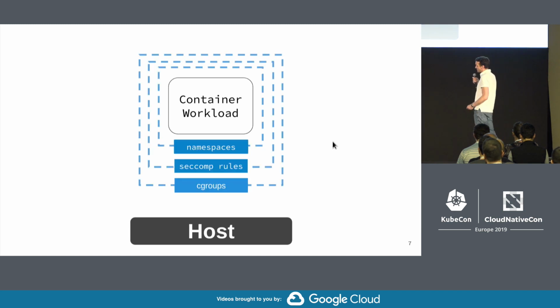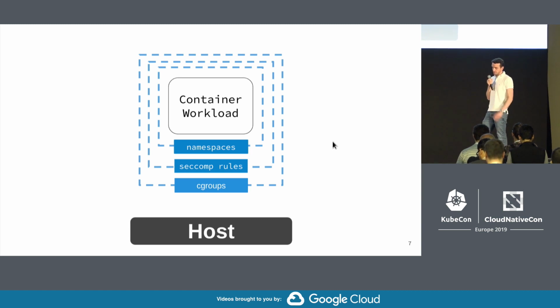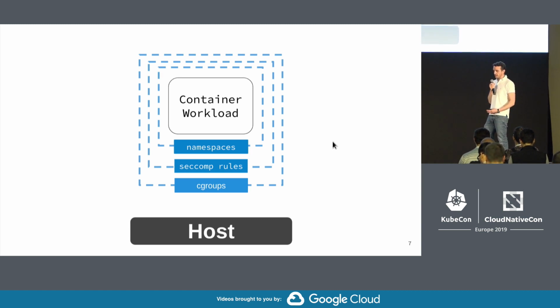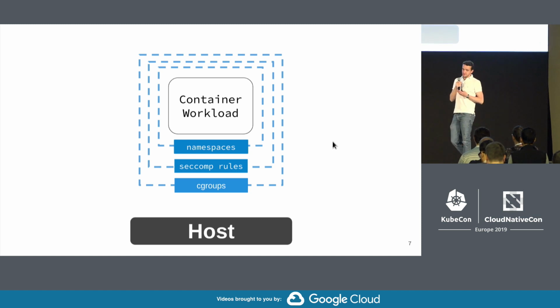And to do that, you're going to add isolation layers, as many as you need, as many as you want. And you would typically add namespaces, cgroups, seccomp rules to isolate your container workload from the host. You don't want your workload to be able to call any and every syscall. You want it to be restricted on how many resources it can use through cgroups and so on.